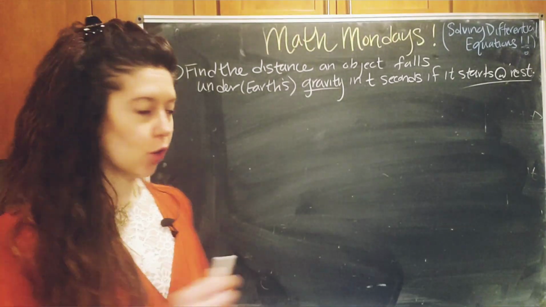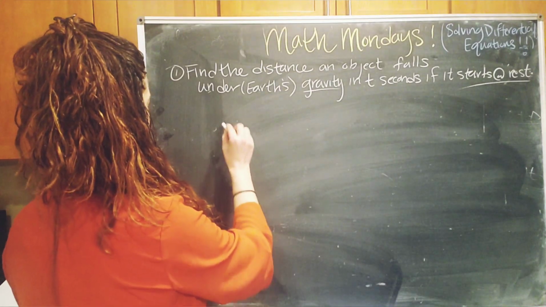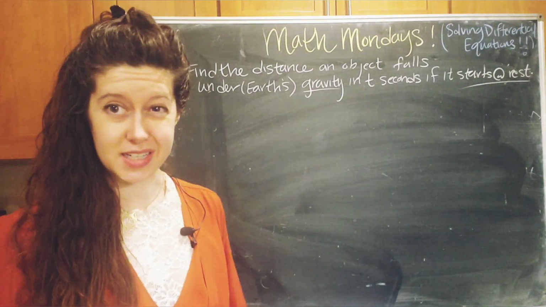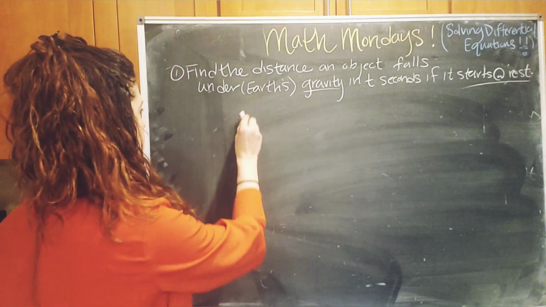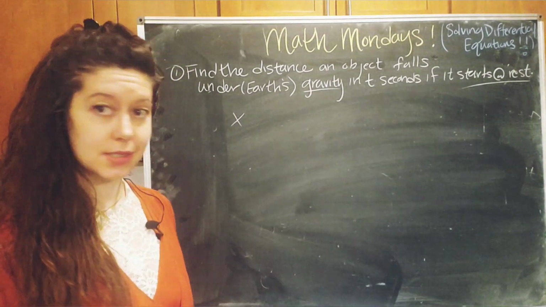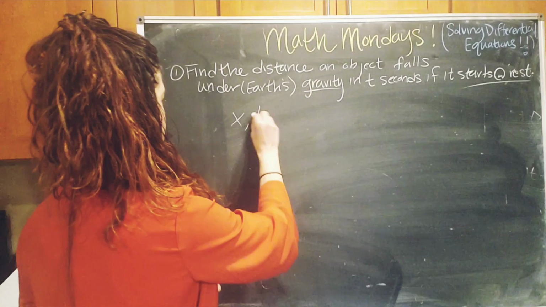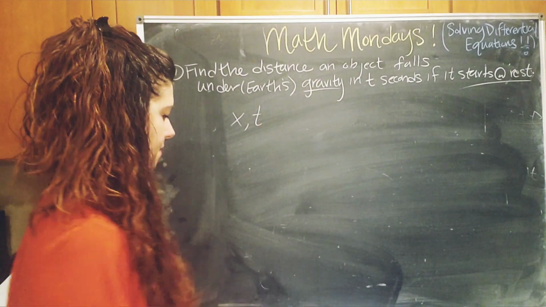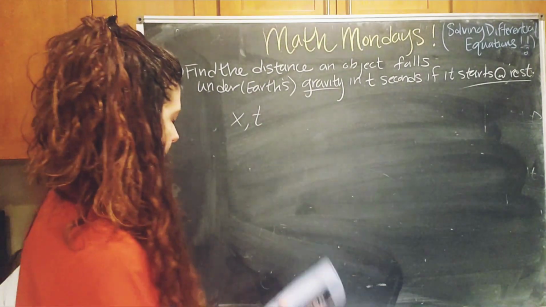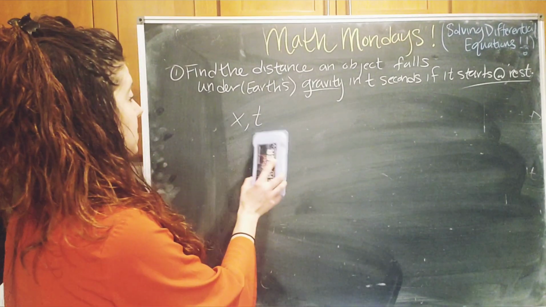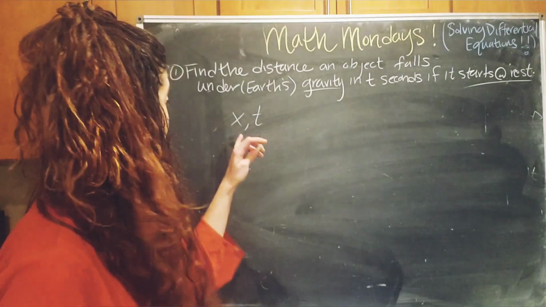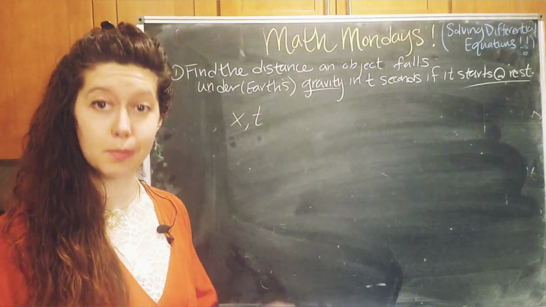Okay, so we know that if we're talking about physics, oftentimes in physics we use x to denote a position of an object and t to denote the time at which we're talking about the location of that object. Both of these variables matter a lot because we are dealing with space and time. We need both of them.